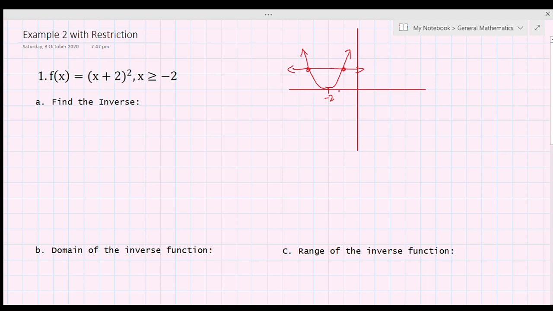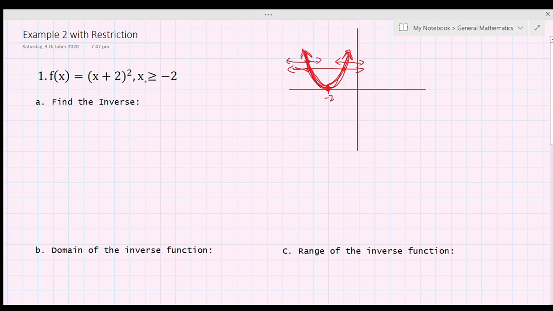So para magkaroon tayo ng one-to-one function, kailangan natin i-restrict. Dito po, pag na-observe niyo, this part will become a one-to-one function, because kapag nag-test tayo ng horizontal line test dyan, it will have 1 point of intersection. And this other half also is now a one-to-one function if we restrict the domain at x is less than or equal to negative 2.